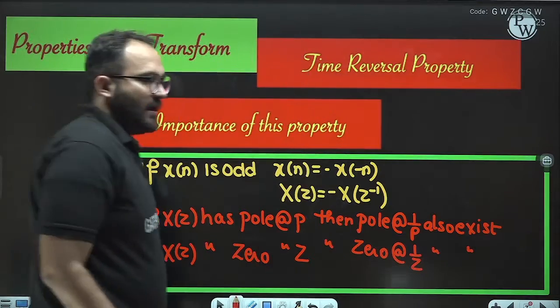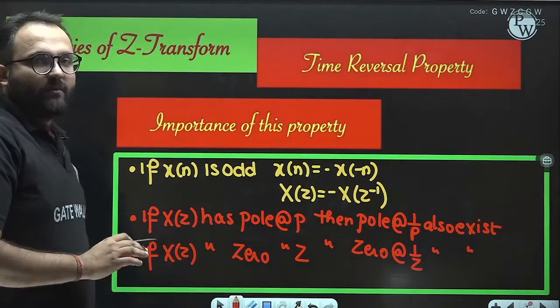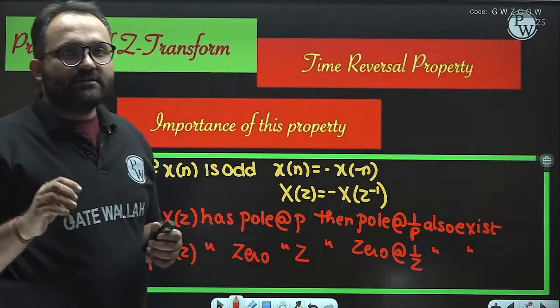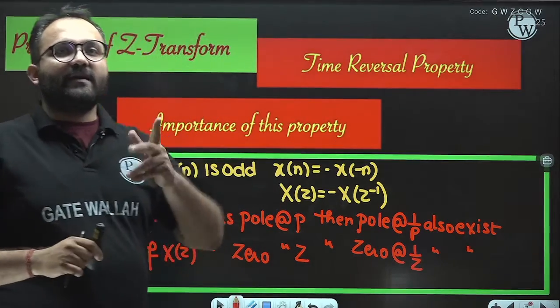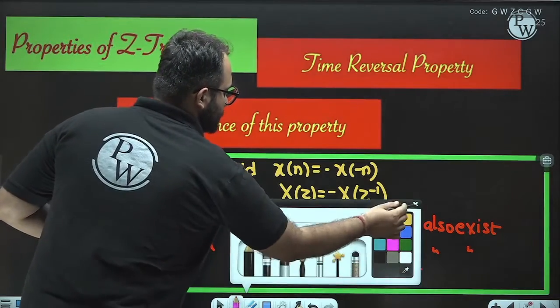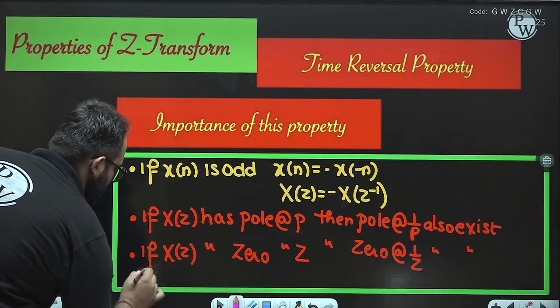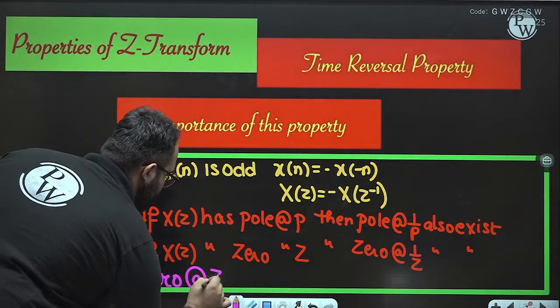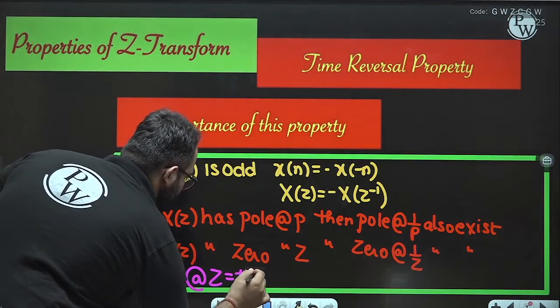And with these two properties, there is one extra property for odd: a zero exists at z equal to plus minus 1 location also.